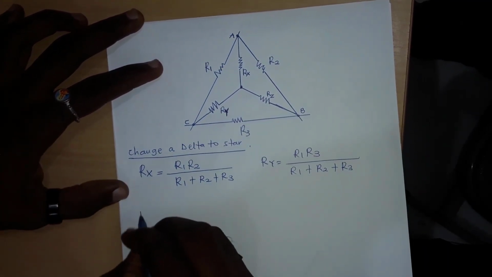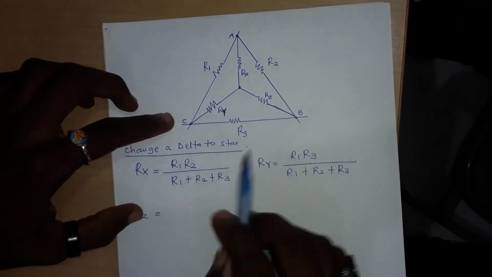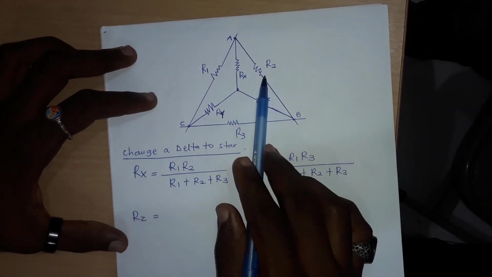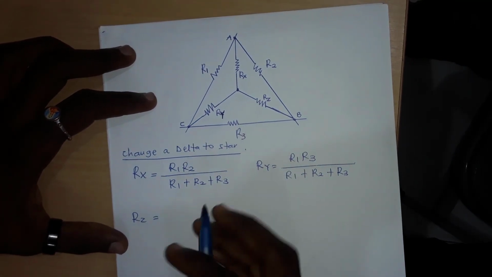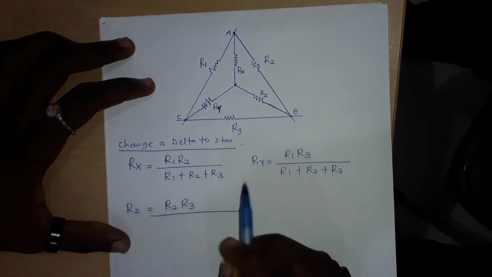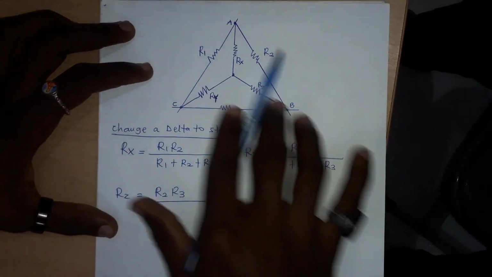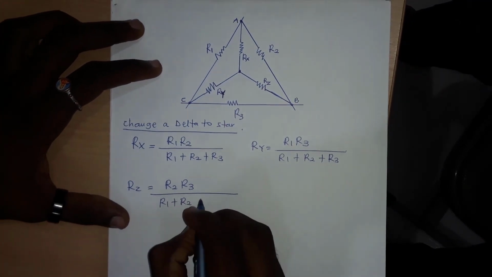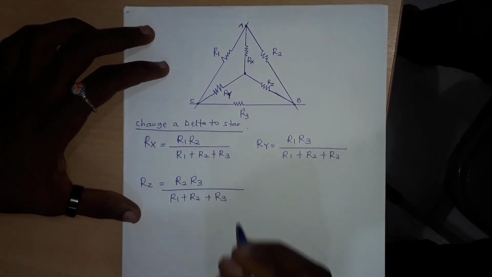The same thing will happen to Rz. The resistors sandwiching Rz are R2 and R3. So we will multiply them, that is R2, R3, and then divide by the summation of the resistors around the delta, that is R1 plus R2 plus R3.